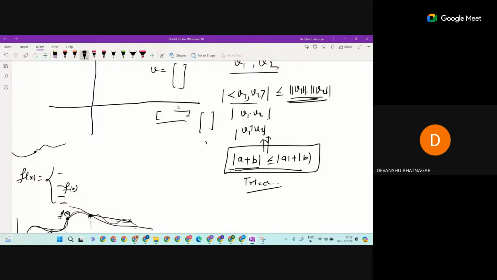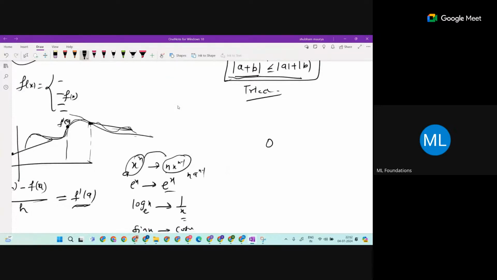Sir, but what is its use? I think in week five or six, you will do optimization. Optimization is generally when we try to find the maximum value of some vector, or some set of vectors, which gives the maximum output.